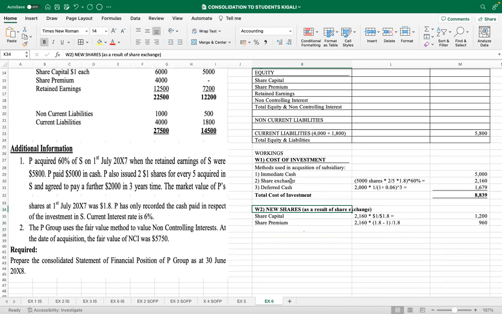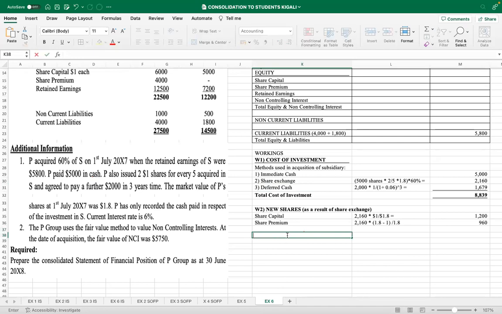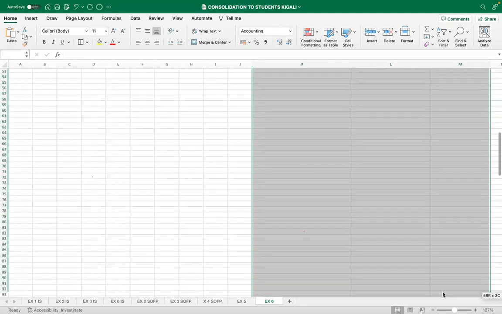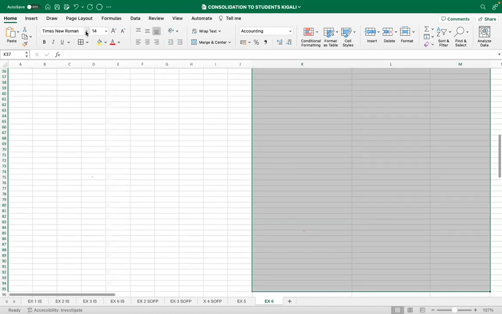So we have exhausted the share exchange. But there was also deferred cash. We said under deferred cash, it leads to working 3. How do we account for deferred cash?